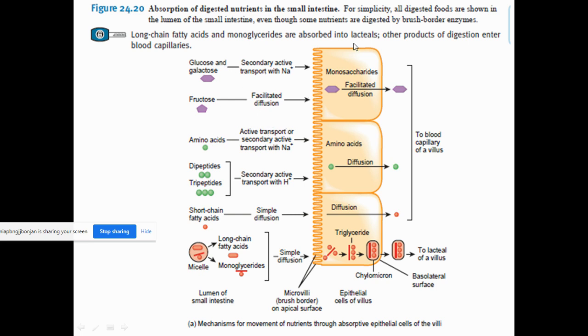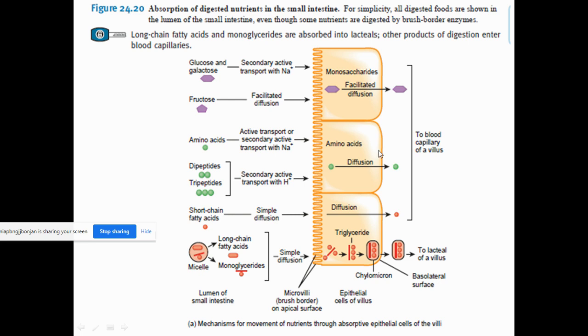You can see these are the absorptive cells of the small intestine, and these are the brush border. The brush border is called the apical surface, that is the microvilli brush border, the side which is facing the lumen, and this side is the basolateral surface which is facing the interstitial space and the capillaries of the blood vessels.